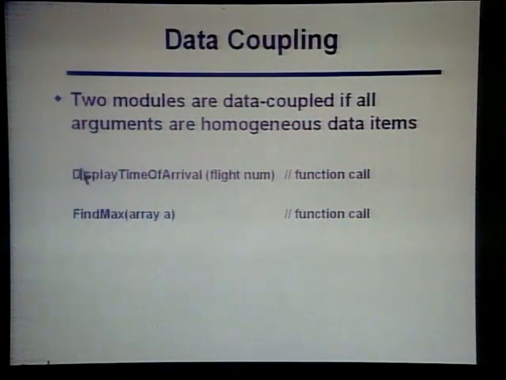So whenever you have modules which pass only data of simple type, or a data structure which is going to be entirely used by the second module, then we say these modules have data coupling. In the next lecture, we'll continue our discussion on software design, and we'll discuss how the data design and architecture design of software is done.